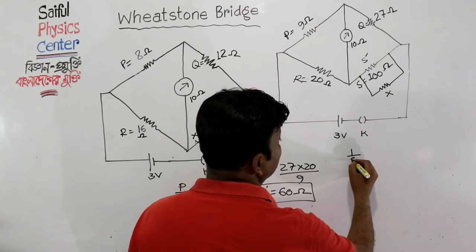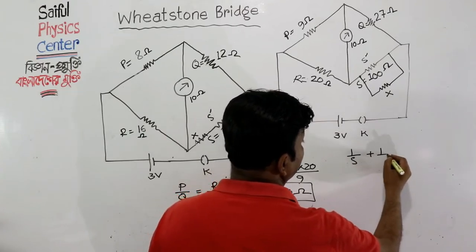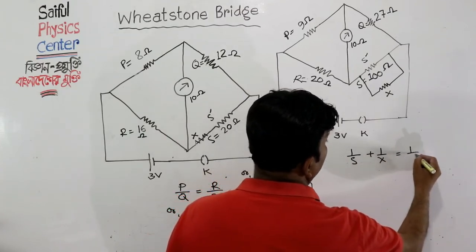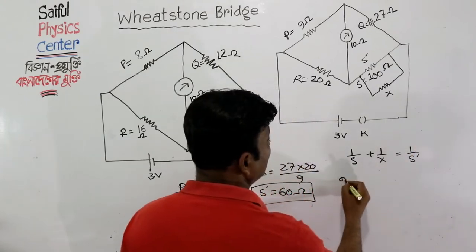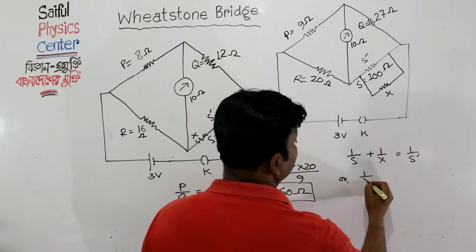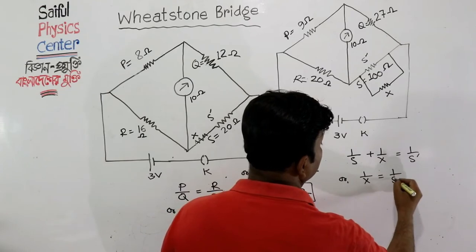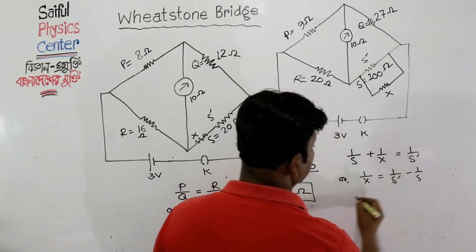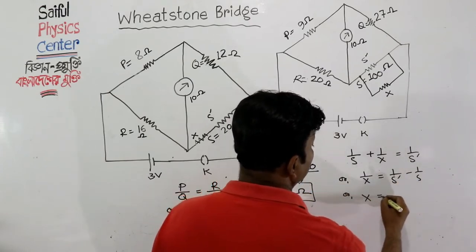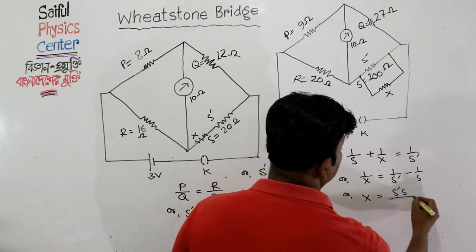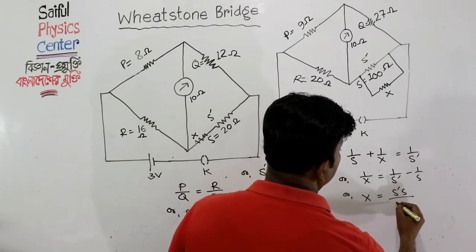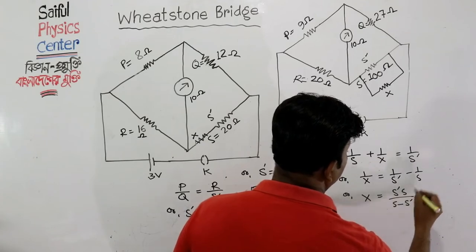That's why we have to connect a resistance in parallel. So in this case 1 by S plus 1 by X equals 1 by S prime, or here we get 1 by X equals 1 by S prime minus 1 by S, or X equals S prime S divided by S minus S prime.